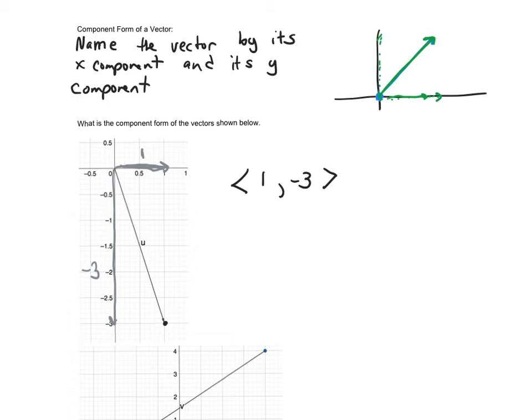The other way to write it is in terms of unit vectors. Remember, each unit vector on the x-axis is called i, and each unit vector on the y-axis is called j. So another way to write this, besides <1, -3>, would be 1i minus 3j. Because if I take a vector of i and 3 vectors of j and I subtract it, I should get this vector I see here in this picture.